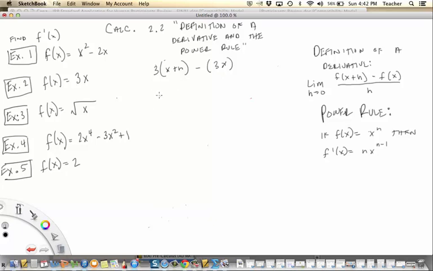And again, we'll talk about this more tomorrow, but on this equation, this is over h. So we have 3x plus 3h minus 3x over h, and again, h is approaching 0. But you'll notice that this cancels out and this cancels out, so I'm left with 3h over h, which would equal just 3. So my instantaneous rate of change at every position on this particular graph is 3.